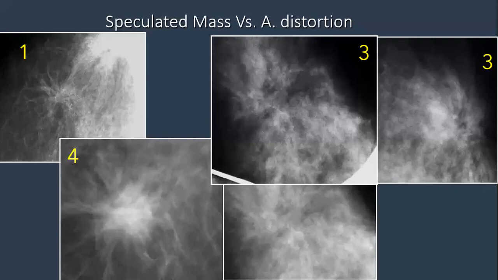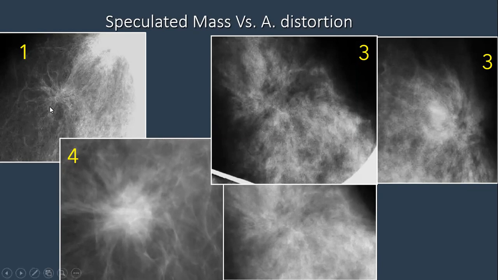Since you remember the definition of the mass, it has a consistent shape in different views. And here there is no such consistency. You see, this is an architectural distortion. So it is important to differentiate between the speculated mass and architectural distortion.